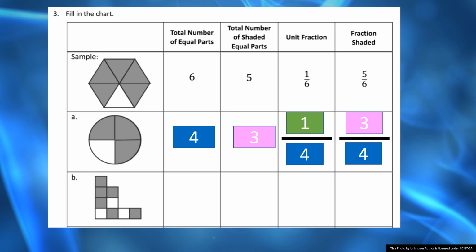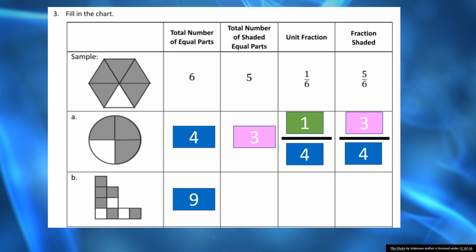Okay, let's look at letter B. This is a funny looking shape, but a shape nonetheless. Now, how many total equal parts is Model B partitioned into? Go ahead and count them. If you got 9, then you are correct.